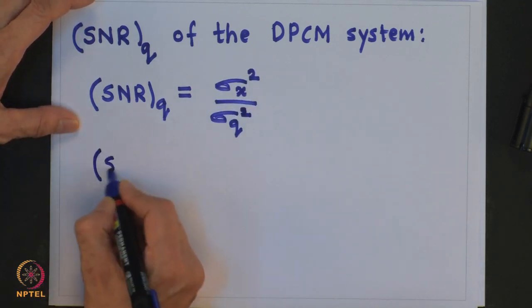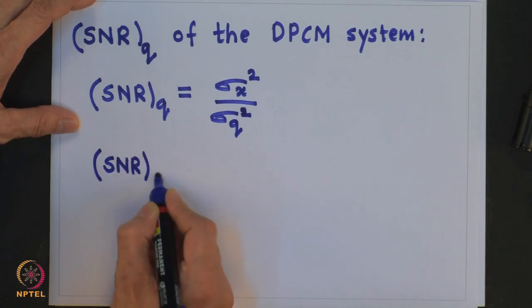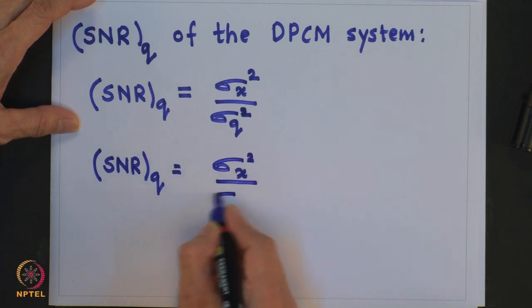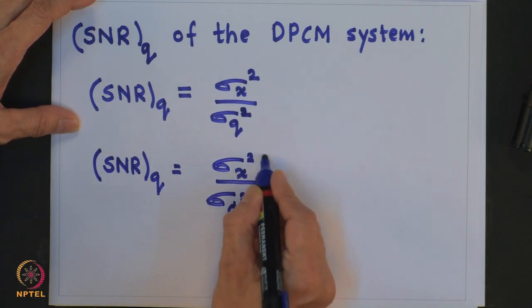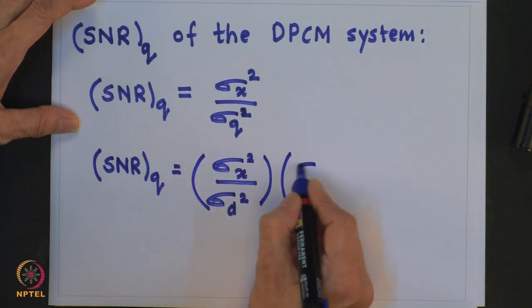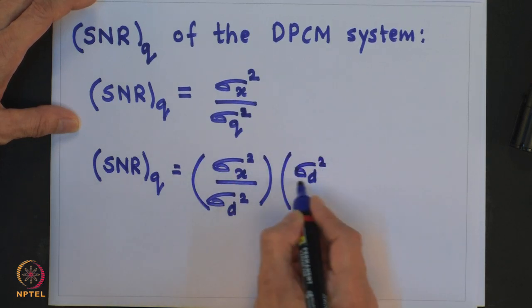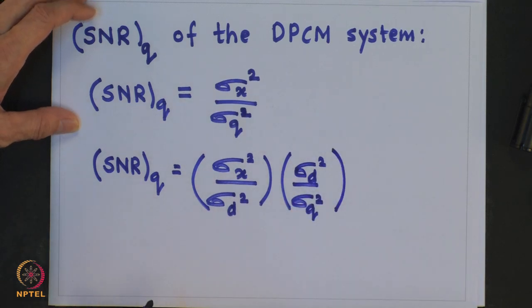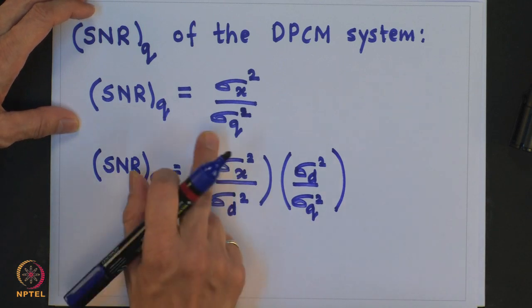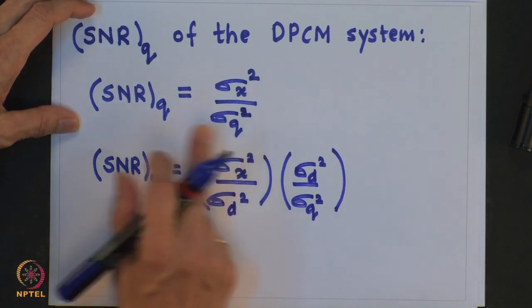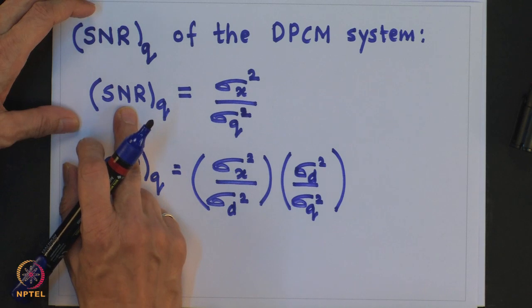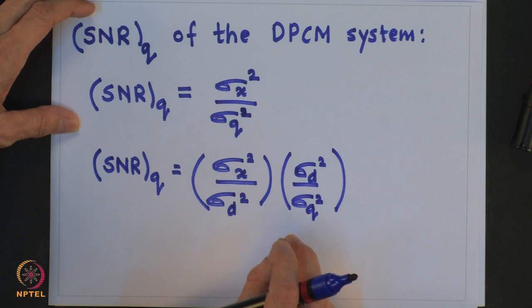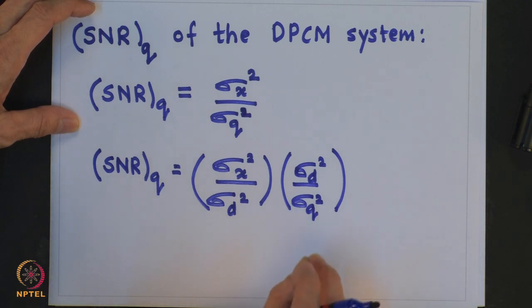Now, this I can rewrite it as follows. Please note that the quantization noise associated with the samples of the original signal is the same as the quantization noise associated with the samples of the difference sequence.